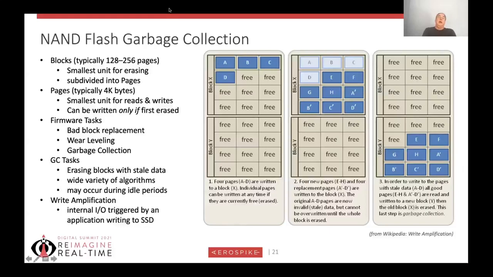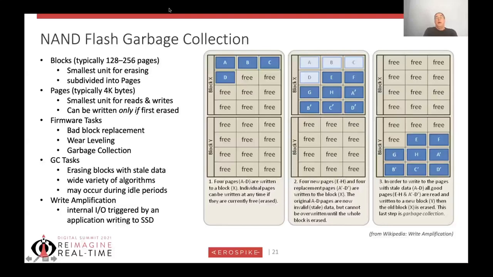You can read any page. You can write one only if it's been erased. And the problem with erasing is you can't erase a single page. You can only erase at the block level. And a block typically has hundreds of pages, and it also takes a while to do that erase.